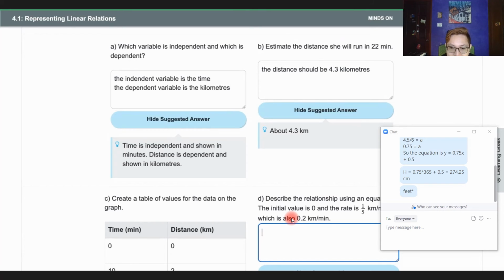So it's gonna be distance equals 0.2 times time. Because initial value is 0, so you don't add anything else.